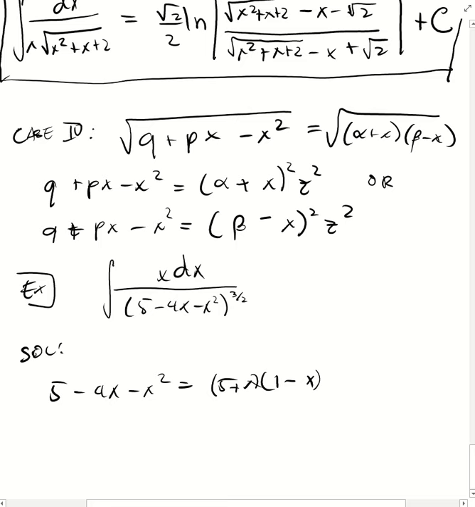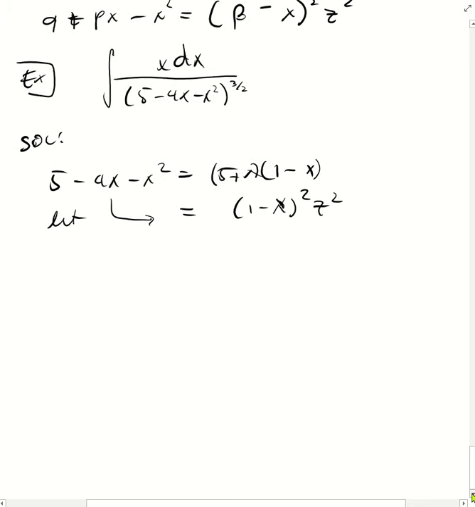So we can use this one, the substitution that we'll be using can be, we can use 1 minus x, your beta is equal to 1, then you square it, then you multiply it with z squared. And this will be 5 minus 4x minus x squared.